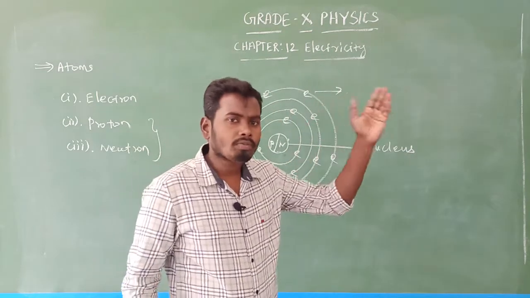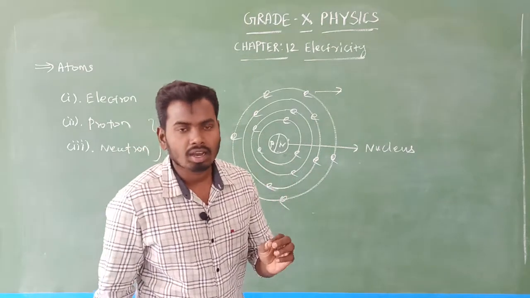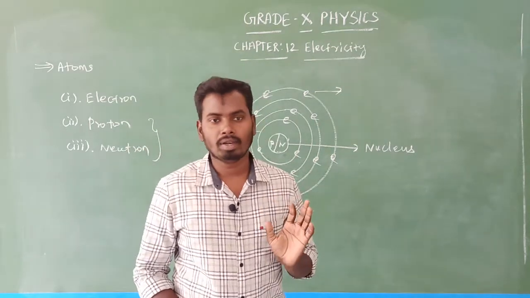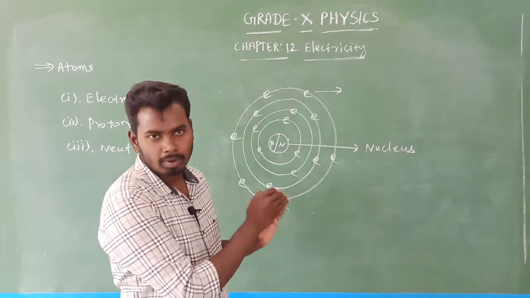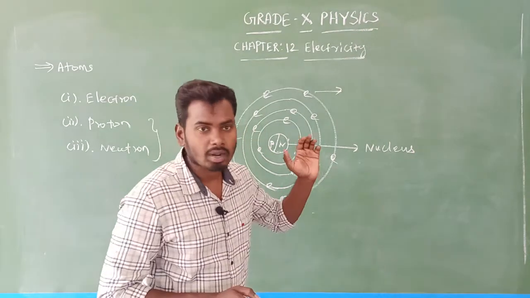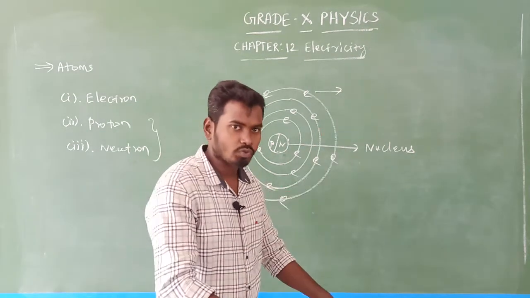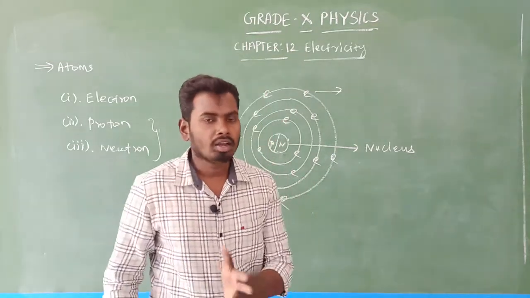The flow of electrons is called current. Very simple. This is not a proper definition, but for this situation I will say the flow of electrons is called current.